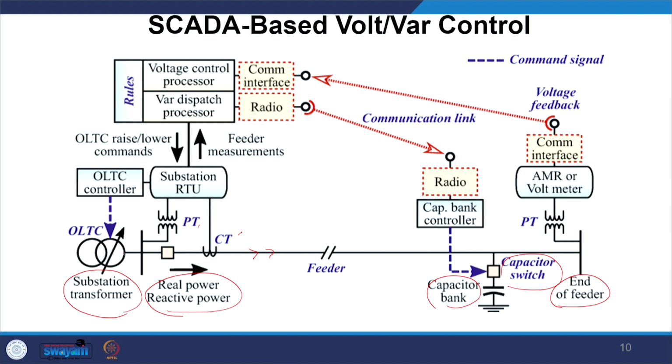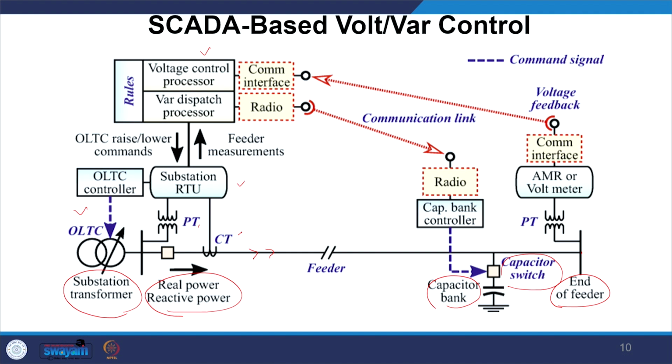So, the OLTC controller provides input to my OLTC, and the substation RTU captures the data and passes it to an upper level through a rule-based mechanism, the so-called voltage control processor or VAR dispatch processor. Further, at distant points, the terminals of my distribution feeder communicate through AMR or capacitor bank controller to the same rule-based processor through a communication interface or radio interface.